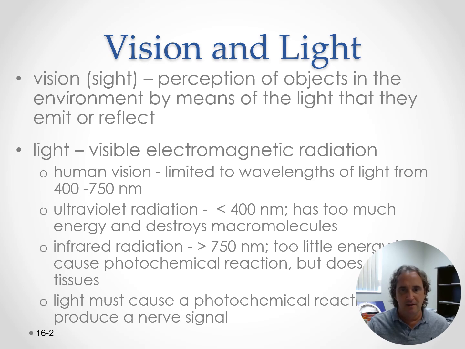Can't really see the yellow, put it there. And it's red, orange, yellow, or ROY, G for green, and then BIV: blue, indigo, and then violet. So ROY G BIV.